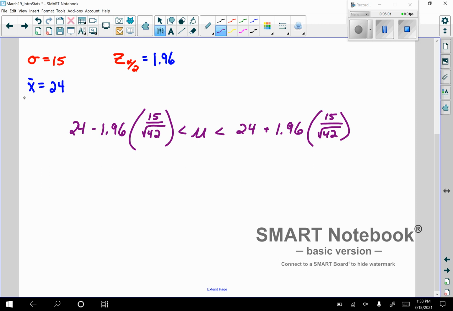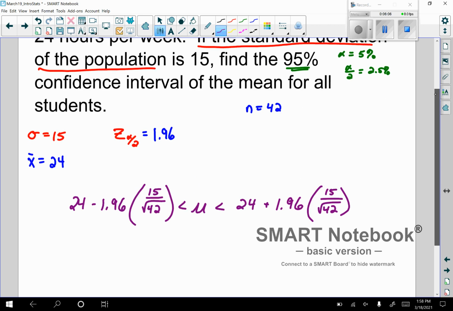All right, then again, our x bar was given to us at 24, so we're going to round to the nearest whole number. So we should be getting a 19. That mu is between 19 and 29.